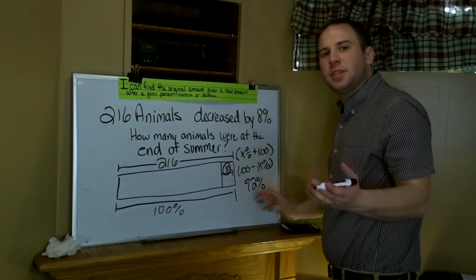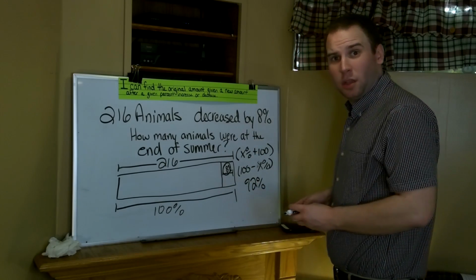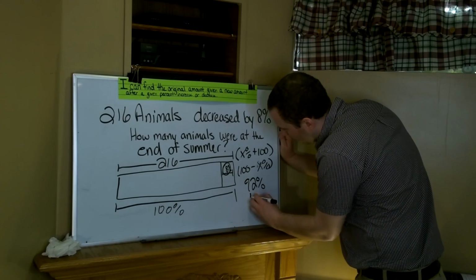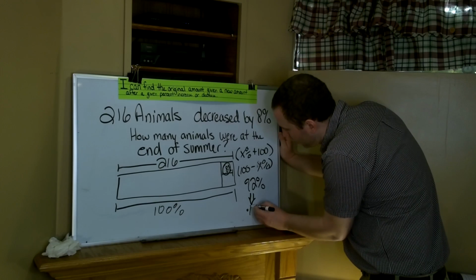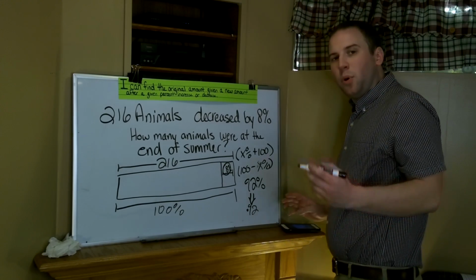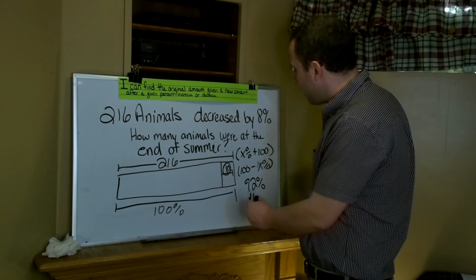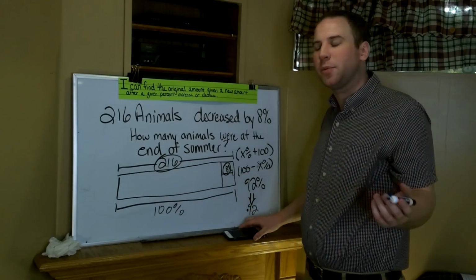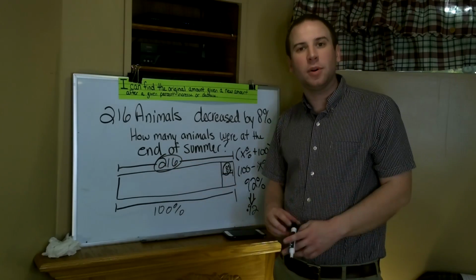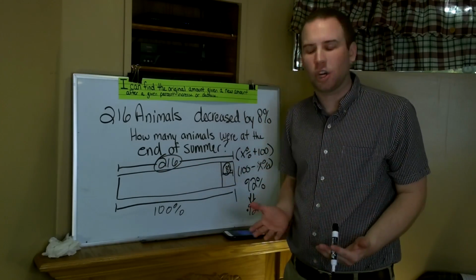Converting 92% to a decimal gives 0.92. I can then multiply 0.92 by 216, because 216 represents our total amount of animals at the shelter.